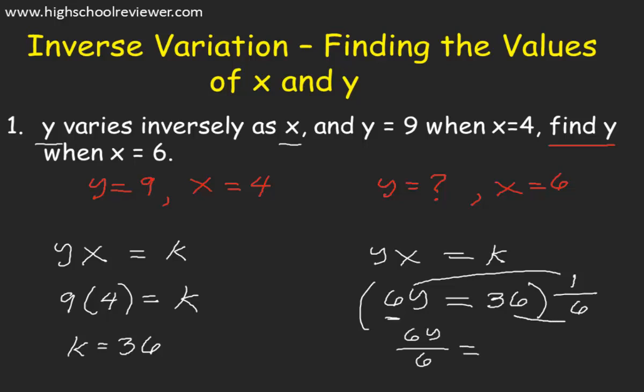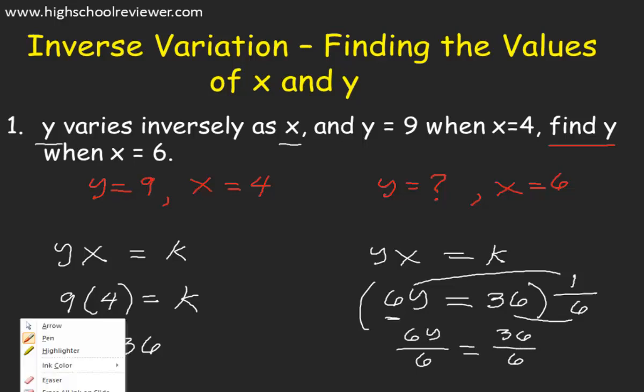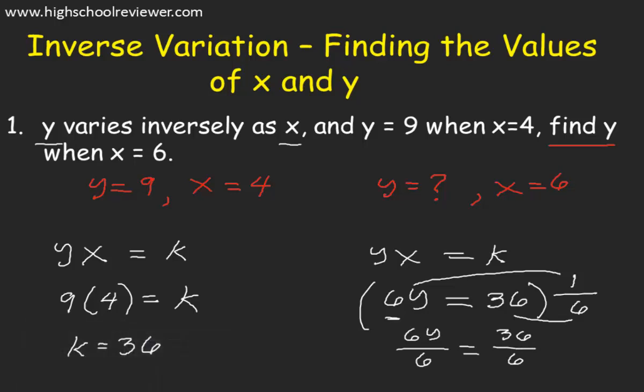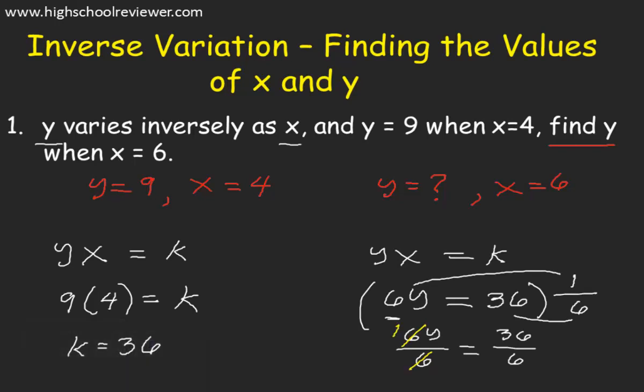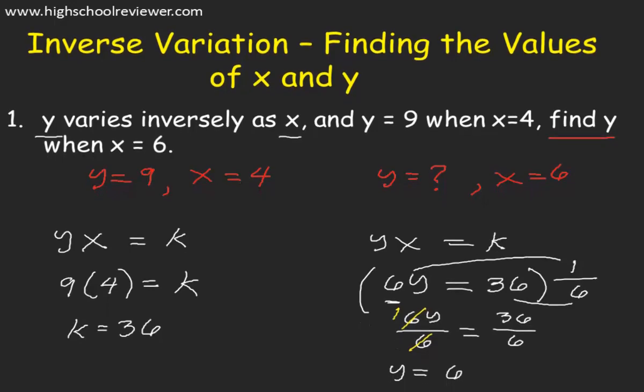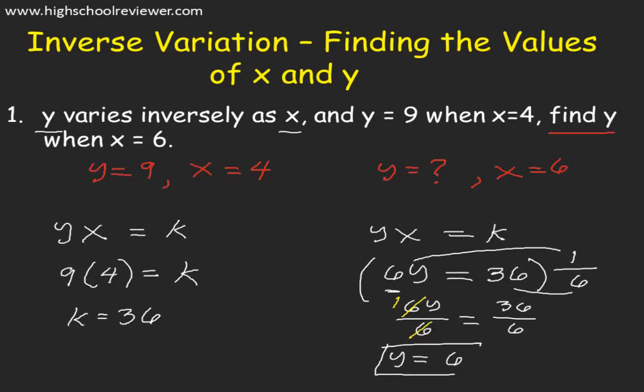And 36 times 1 over 6, we have 36 all over 6. 6 divided by 6 is 1. And 1 times y is equal to y. 36 divided by 6 is 6. Y is equal to 6 when x is equal to 6.